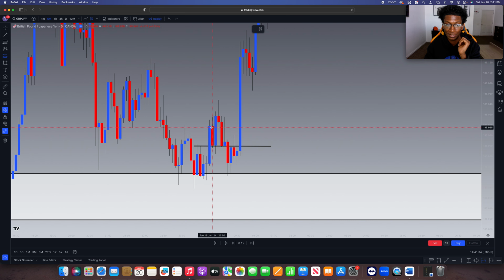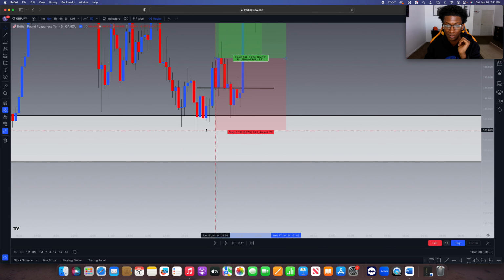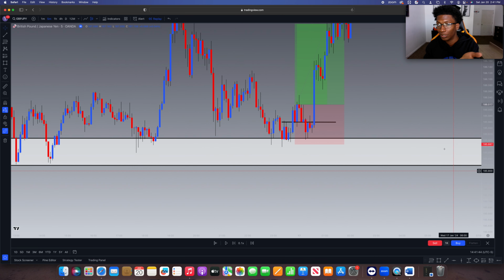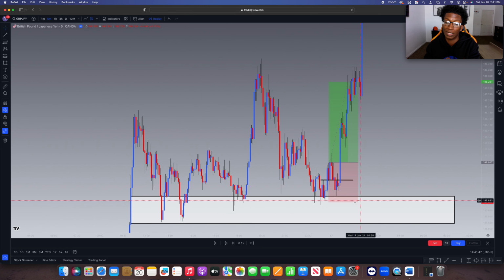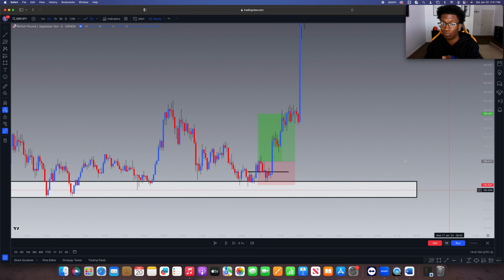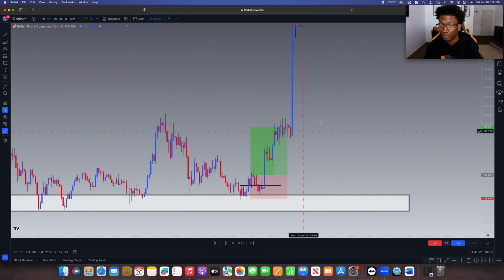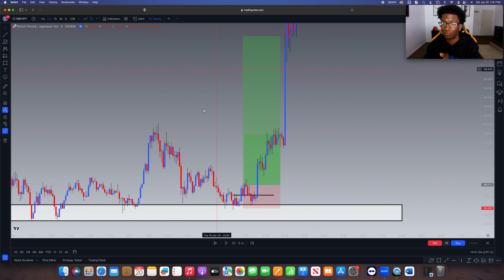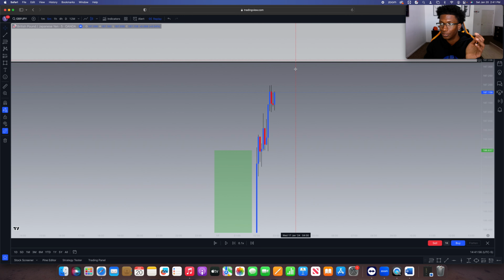You could have entered at this bullish engulfing here and had a 12 pip stop loss, 13 pip stop loss, and felt comfortable that you're still entering based off of reaction of a 1-hour exhaustion zone. And as you see, price did continue making higher low points to the upside until we found some type of resistance somewhere in the far future.